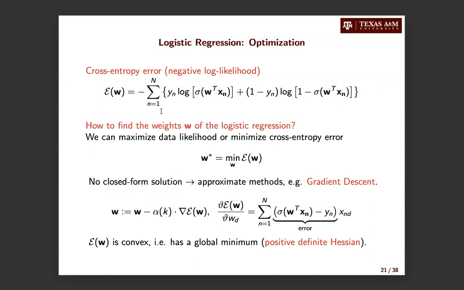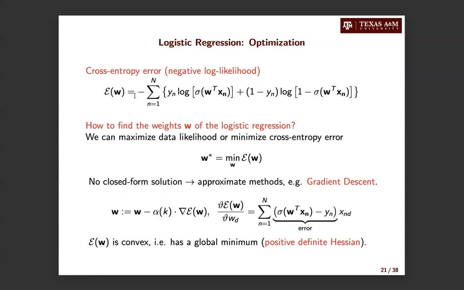However, we cannot find a closed form solution, which means that if we set the first order derivative of this cross-entropy error to 0, then it will not have a closed form solution. For this reason, we are going to apply an approximate method, and we can very easily apply the gradient descent method.